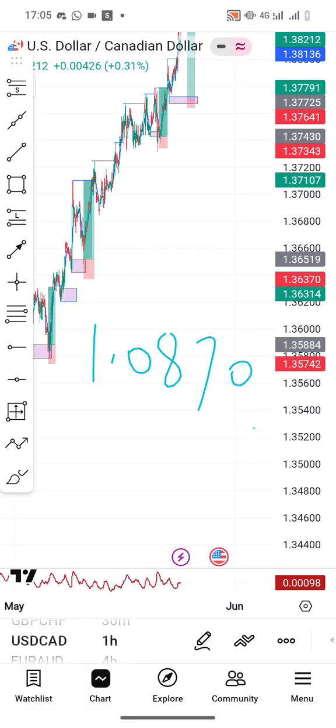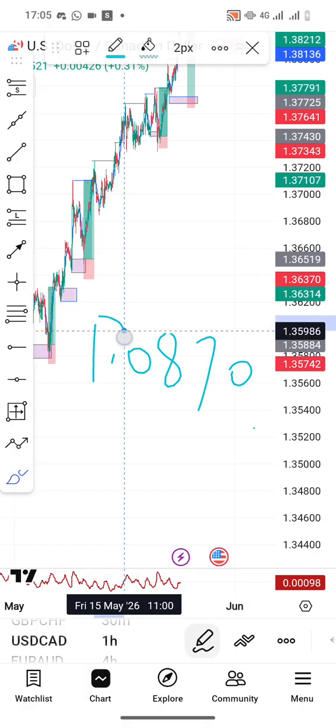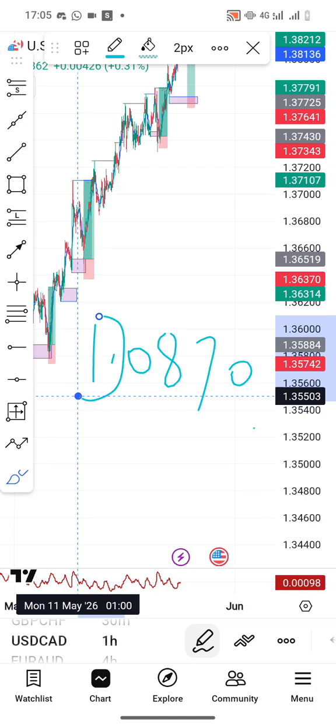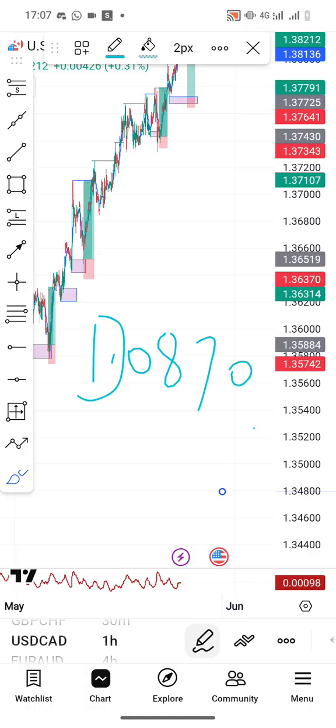The way we identify a pip is this fourth number away from the decimal point. That's what's referred to as a pip. We are talking about a pip for all currency pairs except those with JPY. Any currency pair that has JPY in it will be slightly different from the pip I just showed you. So for every currency pair that doesn't have JPY in it, the last fourth number is what is referred to as a pip.